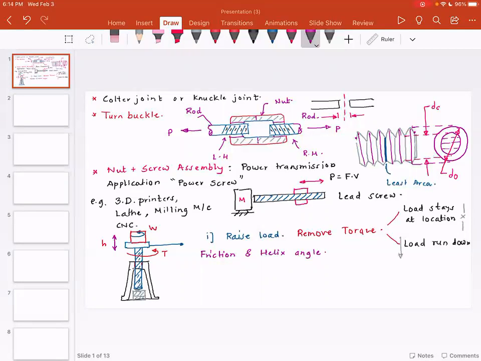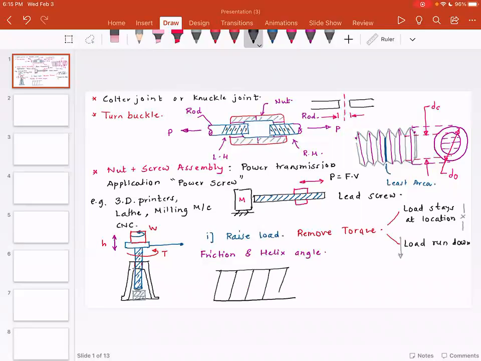Now, before we talk about the friction angle and its relationship with the helix angle, I just want to give you a very simple outline of the power screw. So if you look at the power screw, it is sort of a helix.